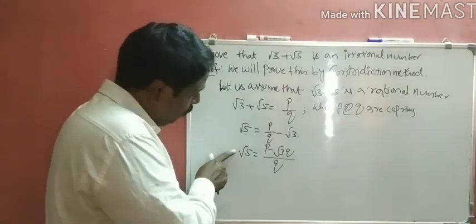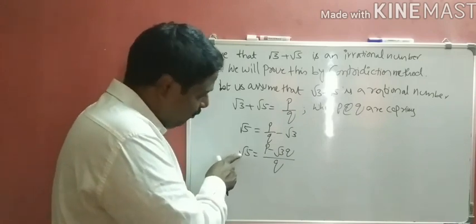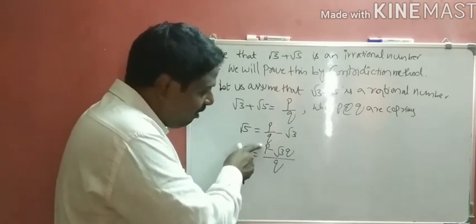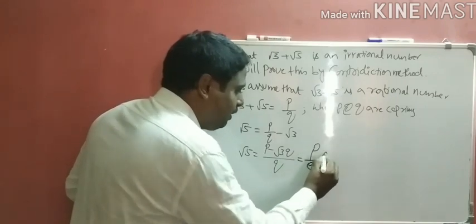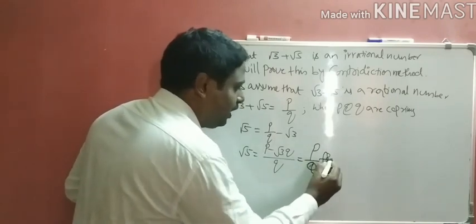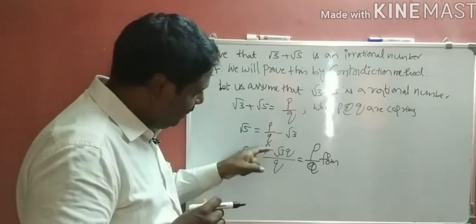Here we already know that root 5 is an irrational number. But the value of root 5 is in the form of p by q. P by q form means it is a rational number.